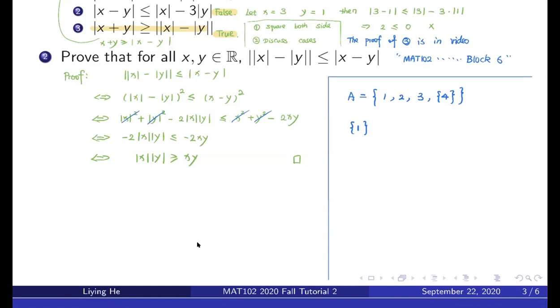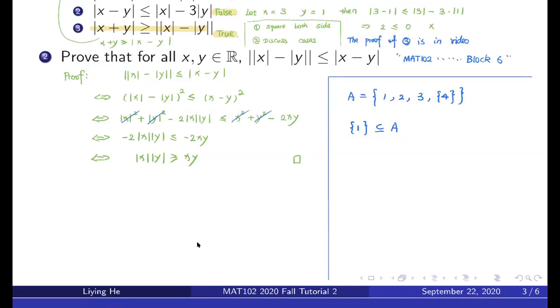It's a subset of A because this is a set and it has one element in there, which is 1. By definition of subset, I'm claiming that this is a subset of A. Why is that?